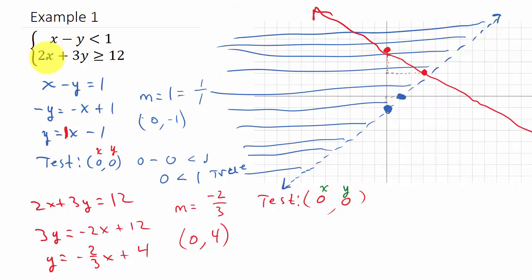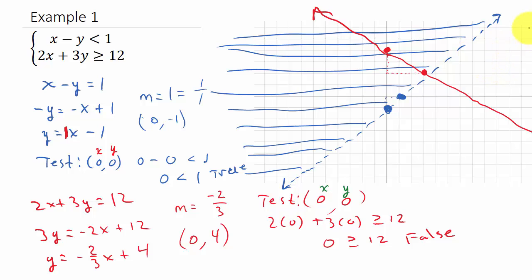I'm going to plug these into this second inequality. So I get 2 times 0 plus 3 times 0 is greater than or equal to 12. So 0 plus 0 is 0, greater than or equal to 12, and you can see this statement is false. So I chose a point on this side of the line, it gave me a false statement, so that means I shade on the opposite side of the line up here.